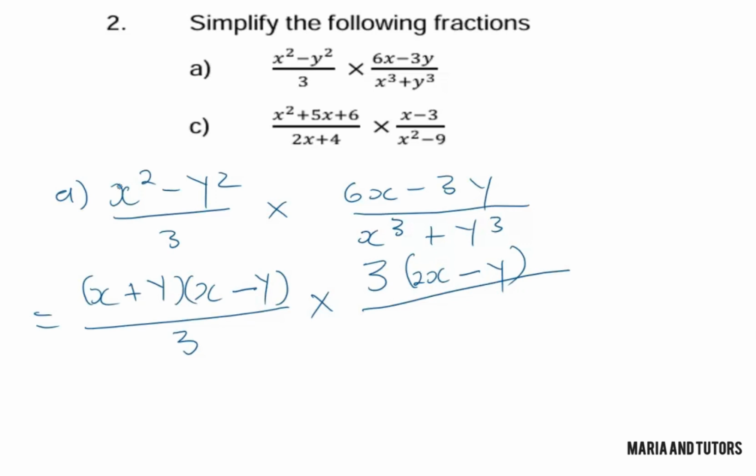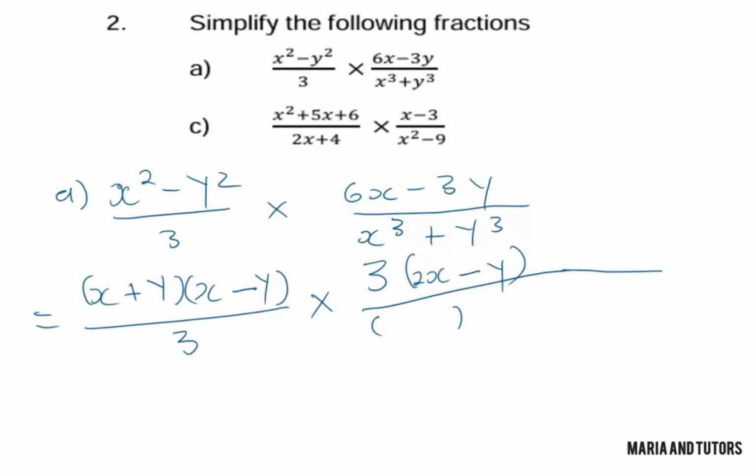Okay, so we have to look at the expression that we have on our denominator. The expression is x cubed plus y cubed. In this case, you have the sum of two cubes. So there's a formula or an identity that we use to factorize the sum of two cubes. The identity states that you have to take the bases of the two cubes.